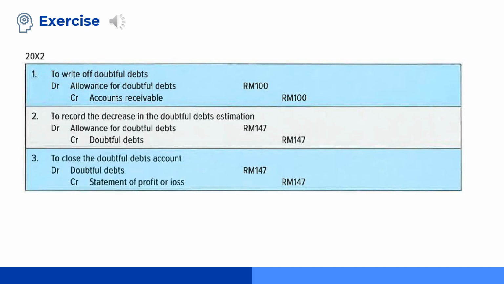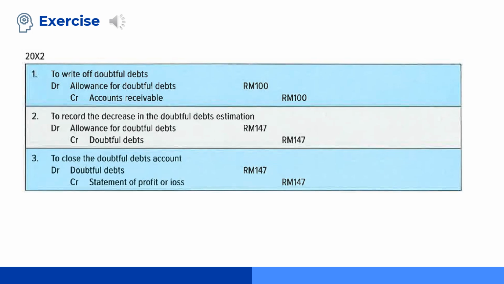Finally, this is the journal entry for 20x2. In 20x2, we first write off the doubtful debts as mentioned, 100 ringgit, by debiting allowance for doubtful debts and crediting account receivable. And then we have to record the decrease in doubtful debt estimation by 147.